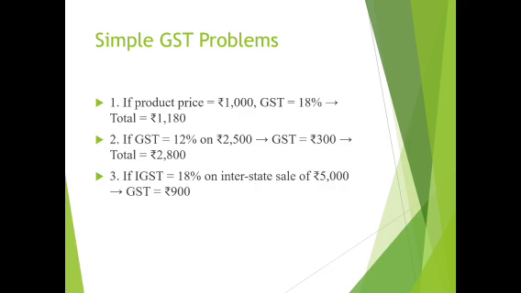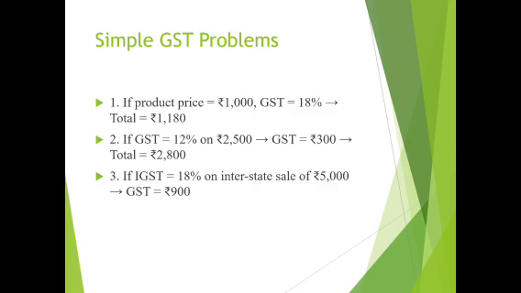The answer is 300. So we take 2500 plus 300, and the answer is 2,800. This is the product price plus the GST amount.